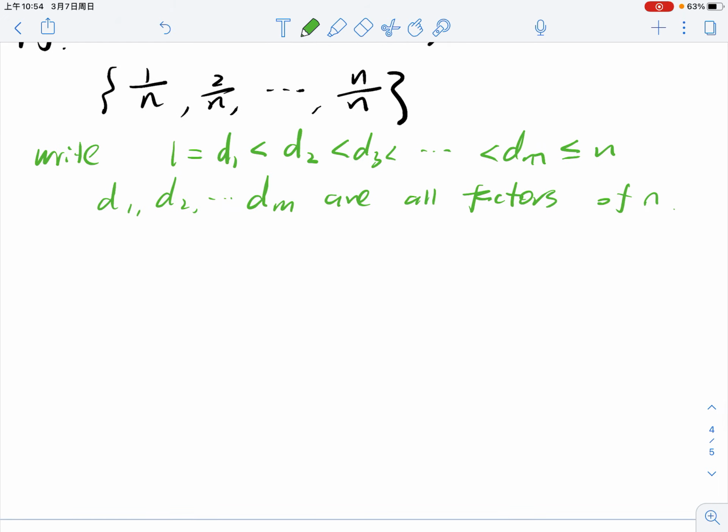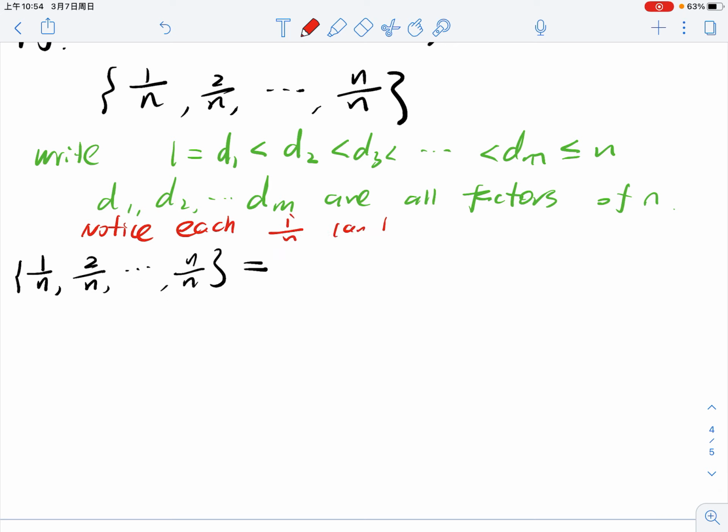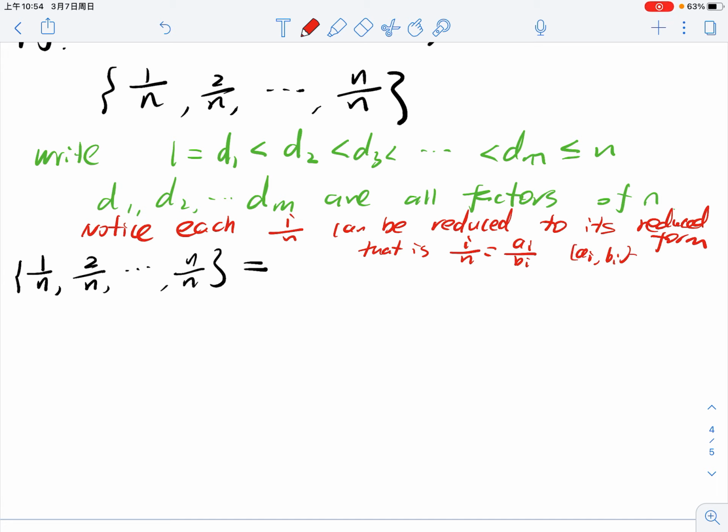Then let's look at the set we just constructed. Note that each i over n can be reduced to its reduced form. What is a reduced form? That is, i over n is ai over bi, and ai, bi are co-prime.